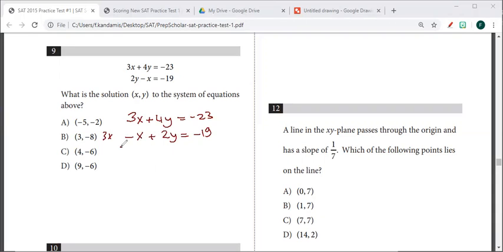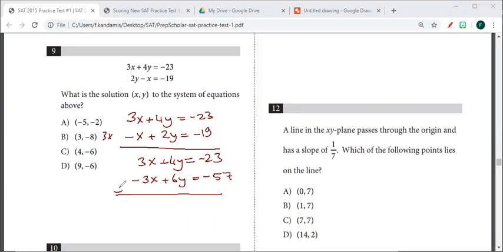Then the equations become, and the second equation is minus 3x plus 6y equals minus 57. If you add these up, these x's are gone, and 4 plus 6 is 10y equals negative 80.